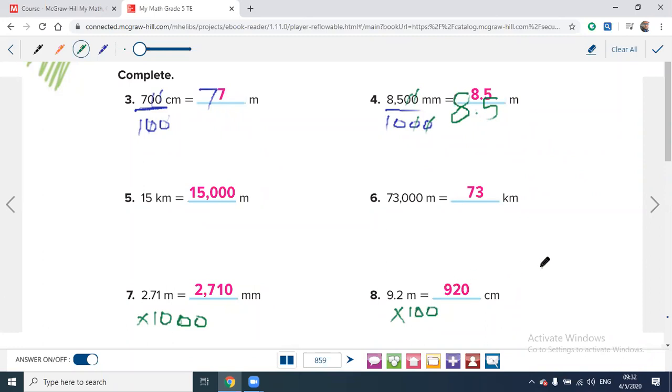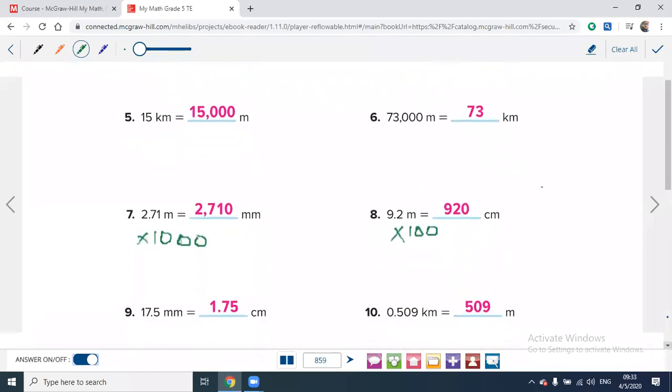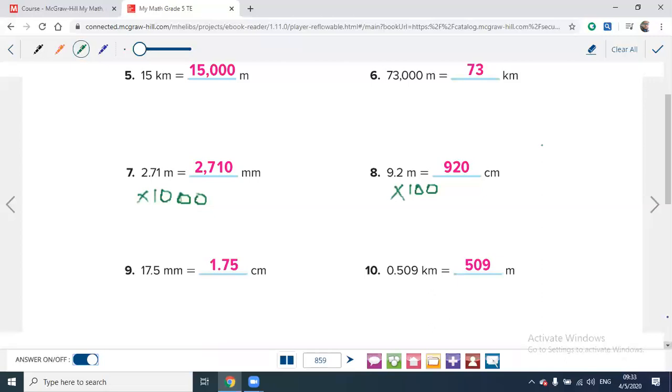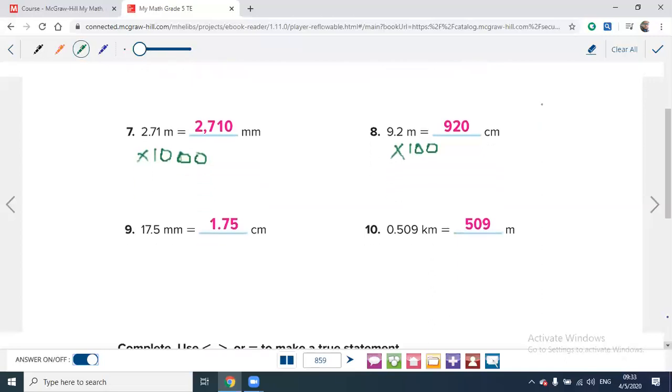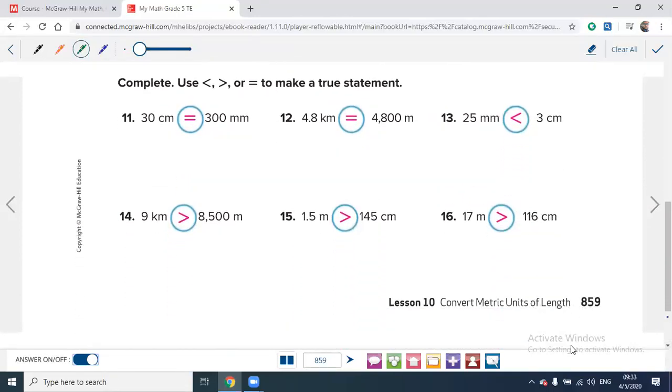Okay. Now we are going to the second part of our lesson, which is how to compare among units. Before we compare between units, you have to make them the same units.